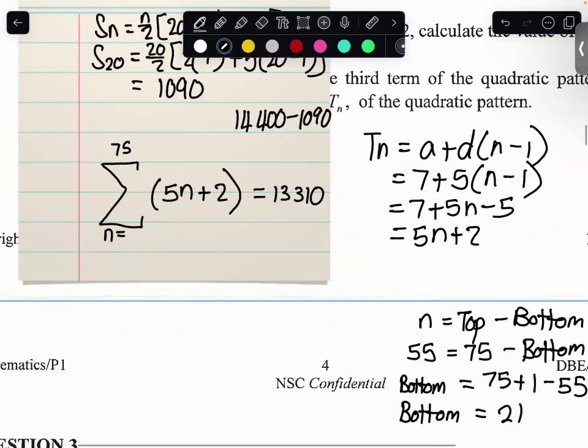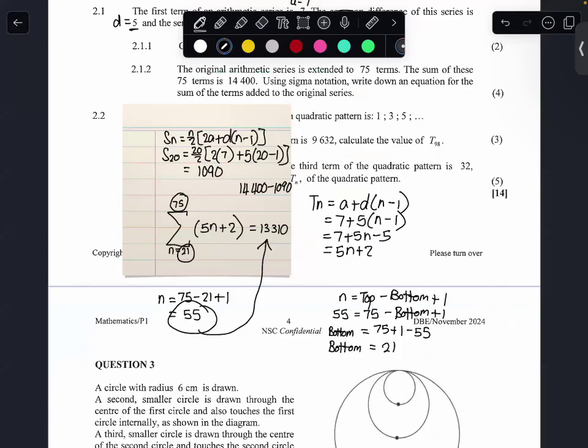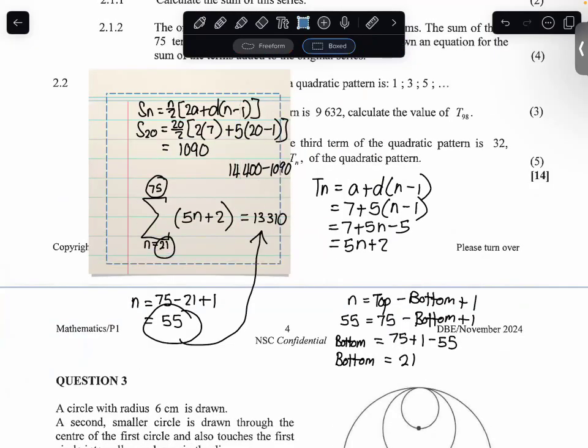So this has to be n is equal to 21, because now when I say top minus bottom plus 1, that gives me the 55 terms that do add up to the 13,310. I hope that made sense because it was a long explanation, a little bit of a tricky one, right? Okay, let's look at the next.